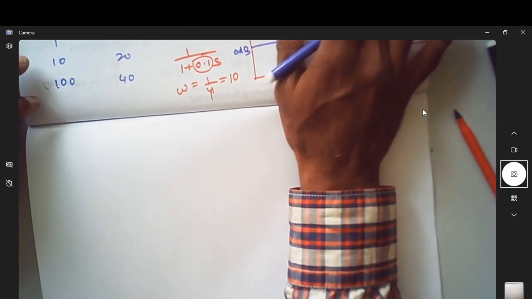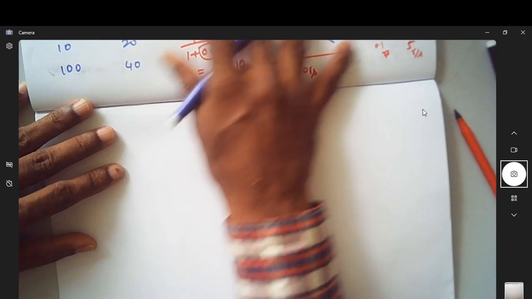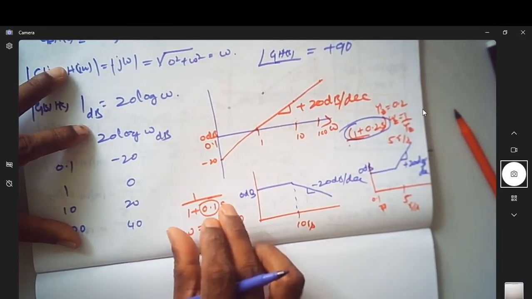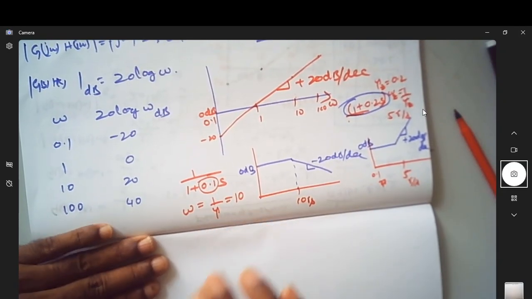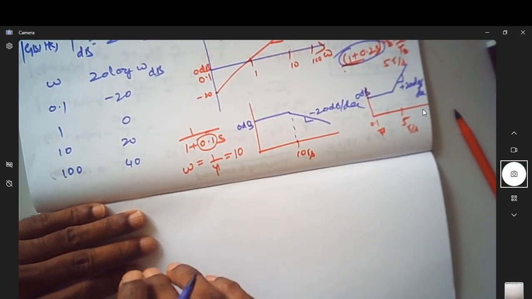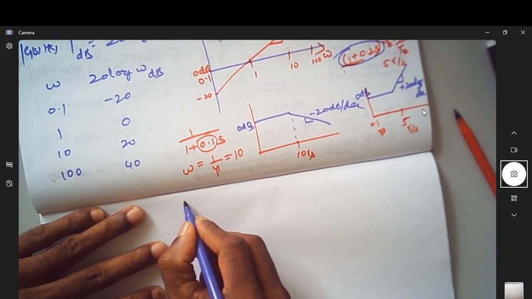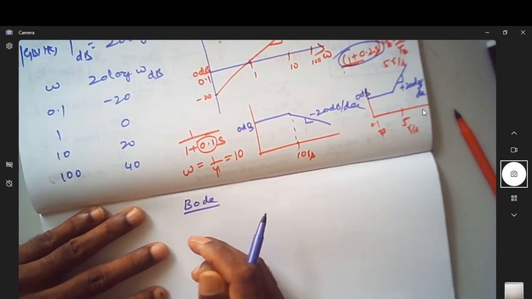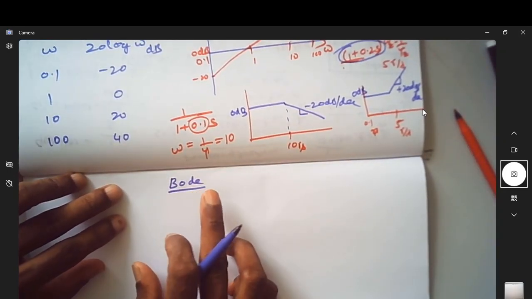So now let us take some specific example and try to plot the frequency response. You might have seen so far that frequency response consists of the magnitude response as well as the phase response. In control systems, this was discovered by an engineer called Bode, so these plots are named after him as Bode plots.